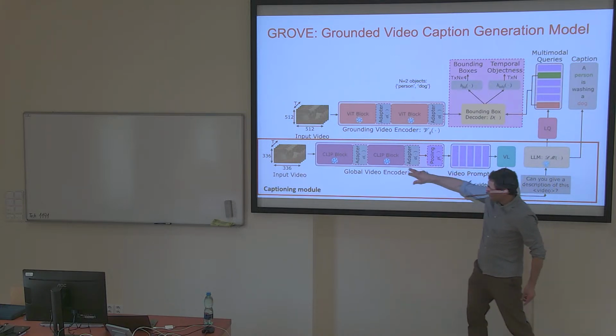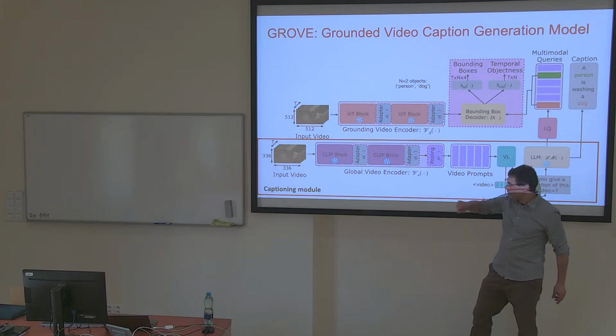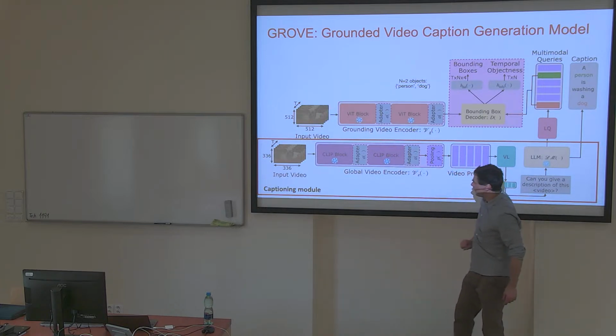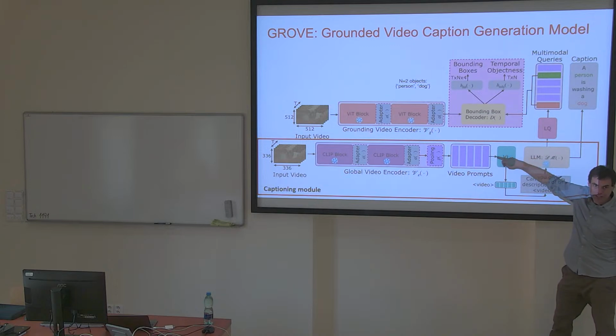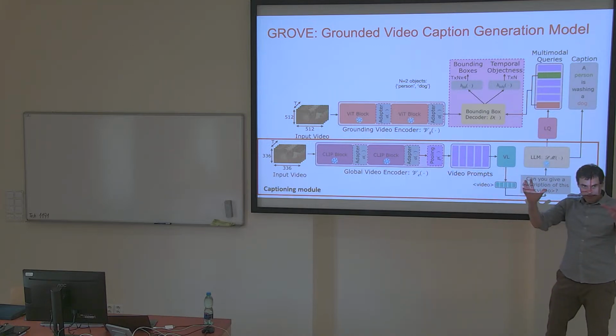A vector, I think in this case, is for each frame. You have a single vector. It's, I think, a bit more granular, for like a subpart of the video. And this is a projection layer, often a simple linear projection, which maps it into the input space of this language model. So this one is aligned with language, but in that space, there may be some rotation, some transformation.